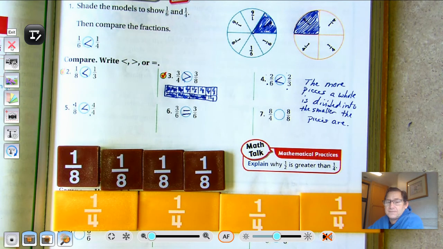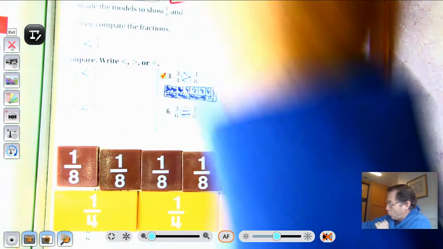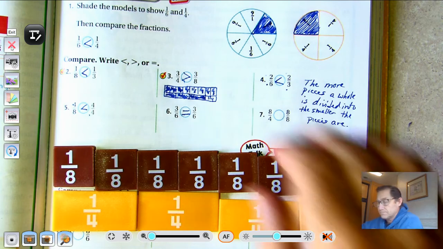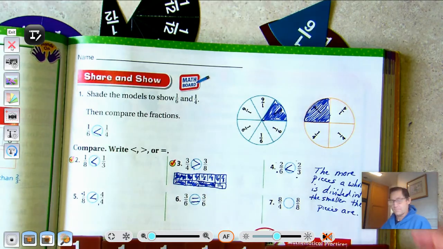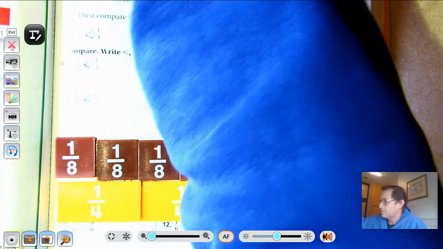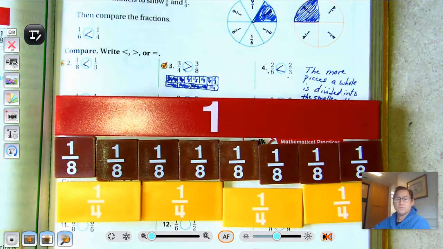8/4 compared to 8/8. Okay, so 8/8 is equivalent to 1 whole, right?